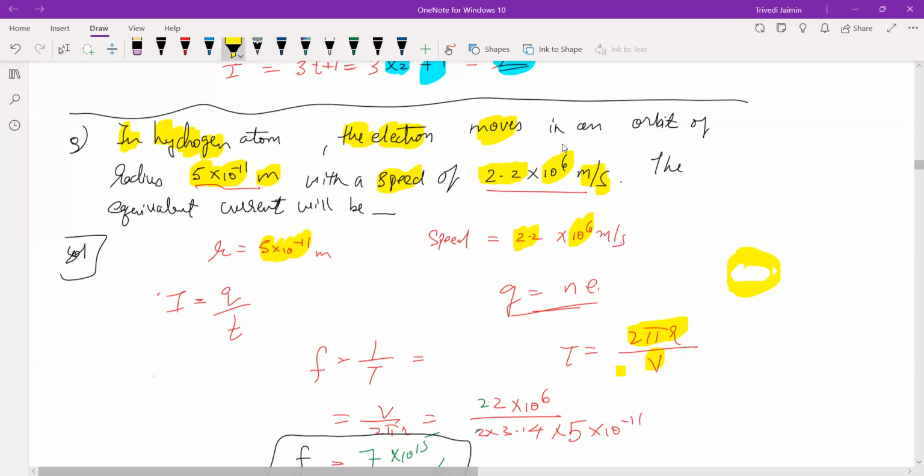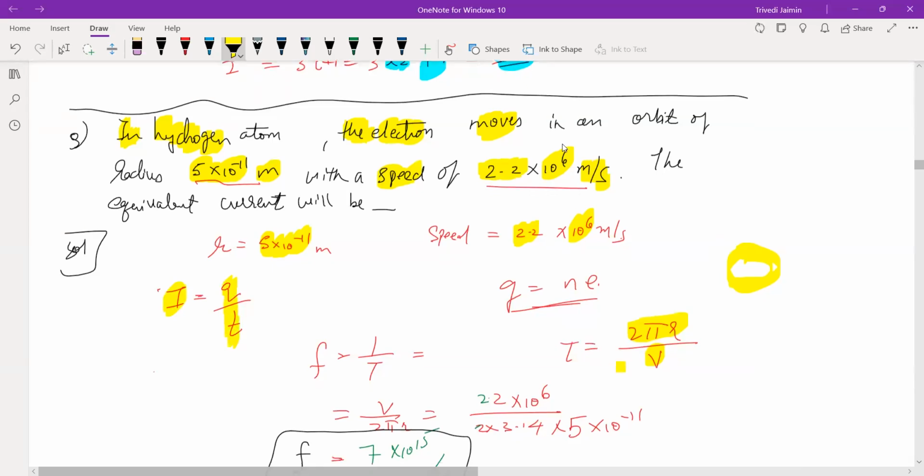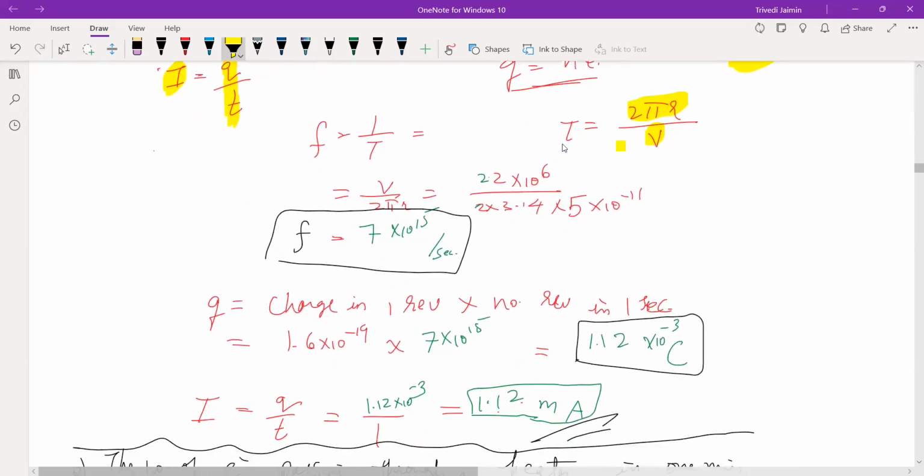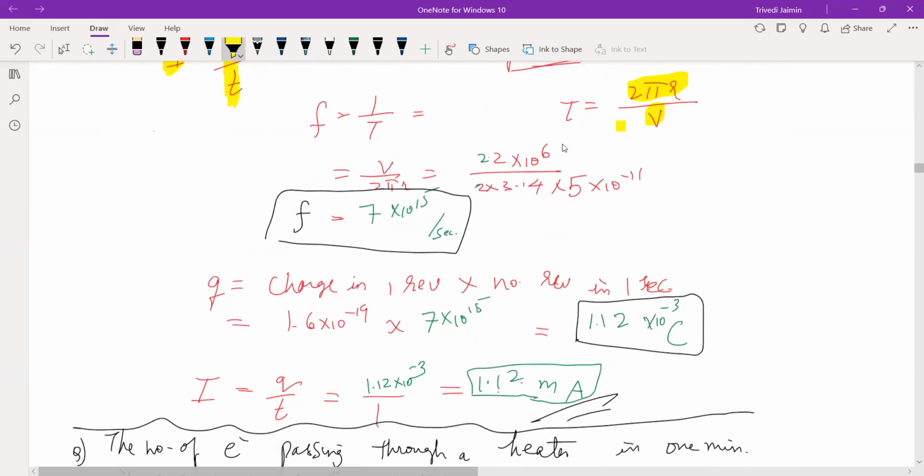So we need here the frequency, the equivalent current. We need current, Q by T. So current is the charge in 1 revolution into the total number of revolutions in 1 second. This is what it means, a frequency.